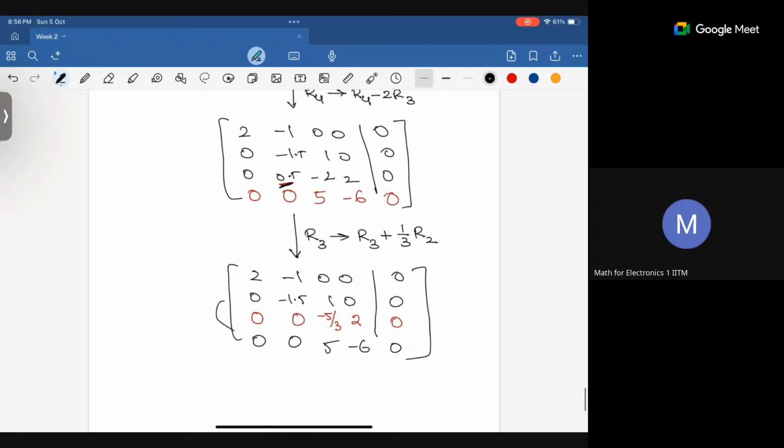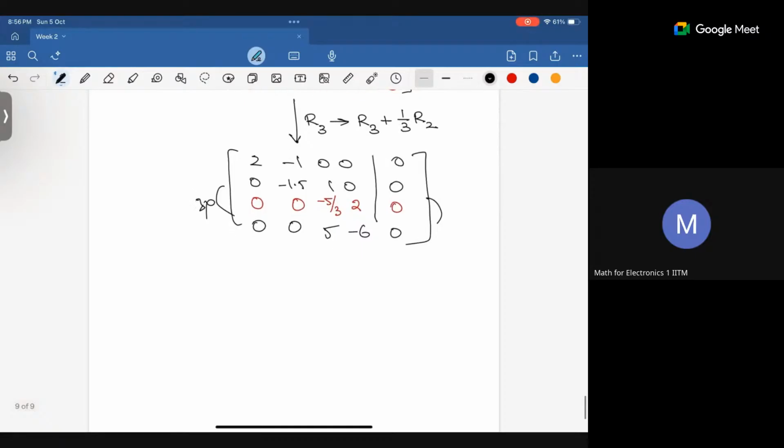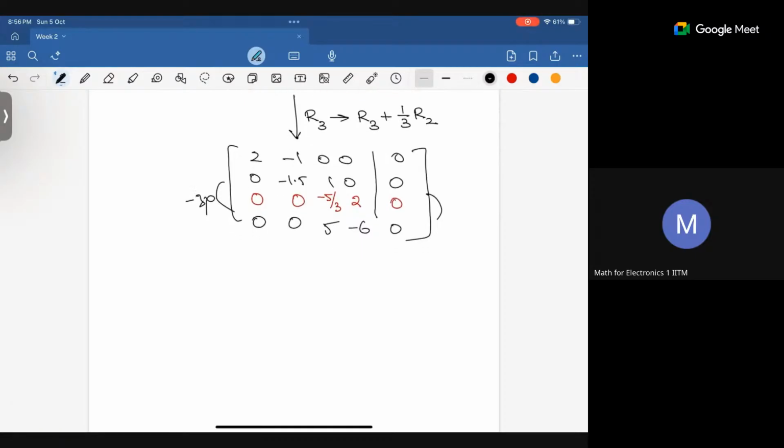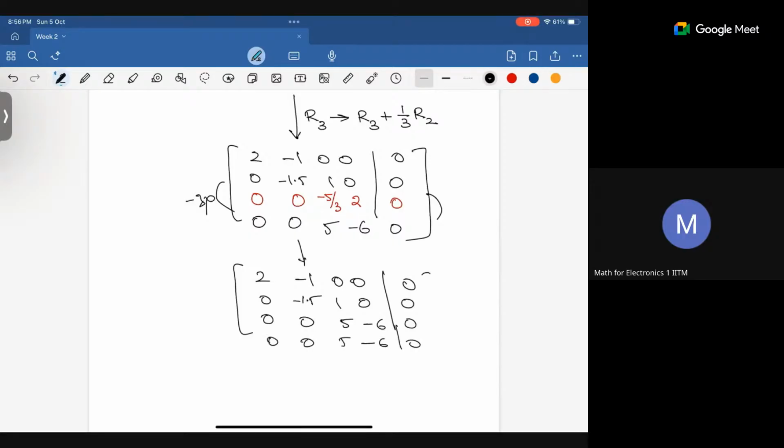So if you multiply 3 to row 3, or minus 3 to row 3, we'll have row 3 and row 4 to be the same. 0, 5, minus 6, 0 and 0, 0, 5, minus 6, 0.